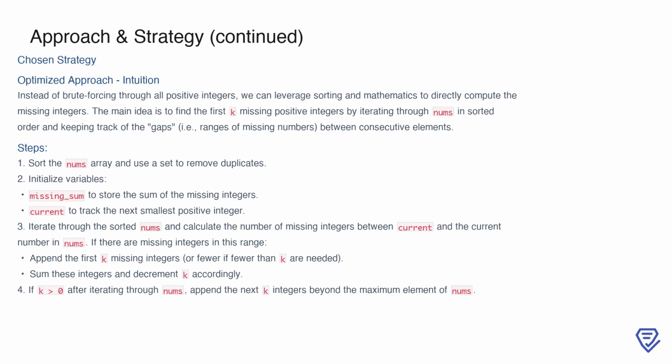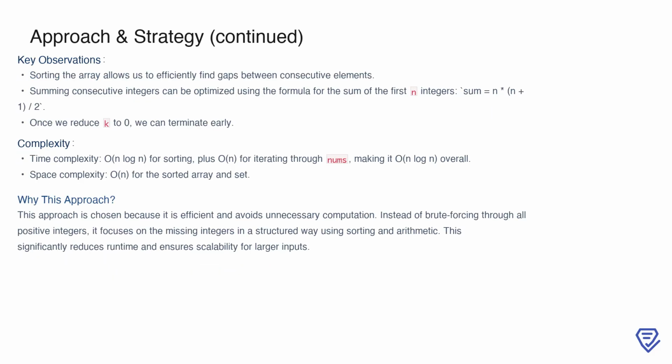If we exhaust the array and still have integers to append, we calculate the remaining values beyond the maximum element of the array. This structured approach ensures we efficiently find and sum the required integers without unnecessary computations. Sorting the array provides an efficient way to locate gaps between consecutive elements, which is crucial for identifying missing integers.